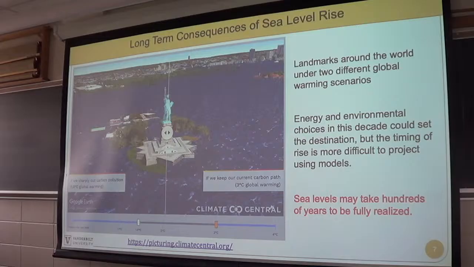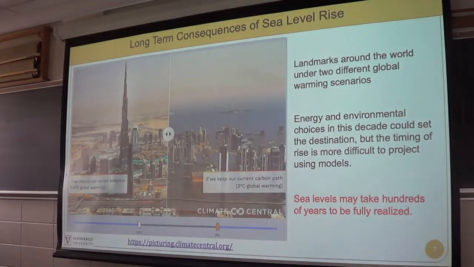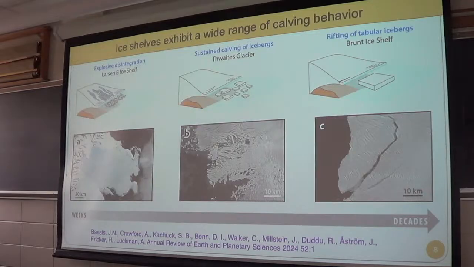But if you look at some place like Dubai, where I was at NYU Abu Dhabi, if you did cut the emissions, then you're looking at a situation where there is not much inundation, as opposed to a 3 degree global temperature rise, where you are seeing a lot of inundation. And so, especially for these oil-rich countries, it's a real issue, and they are taking it a lot more seriously, I would say, with this study.